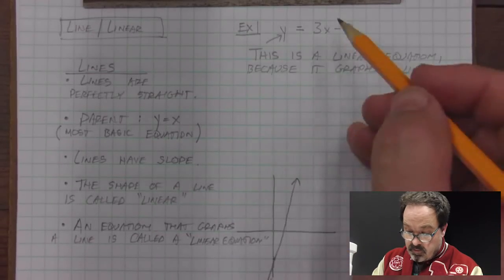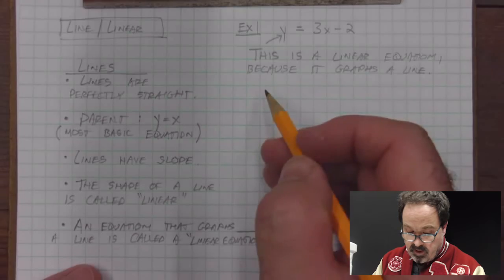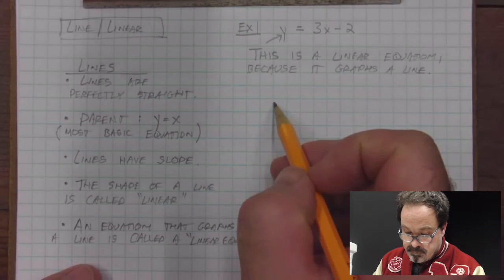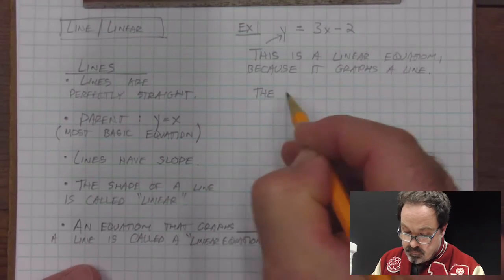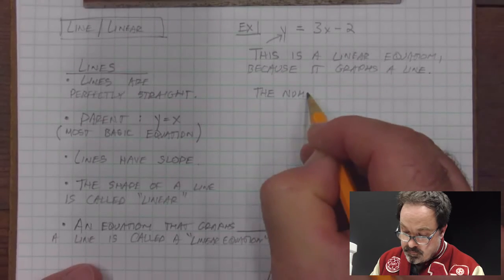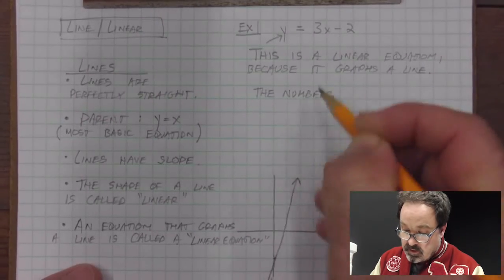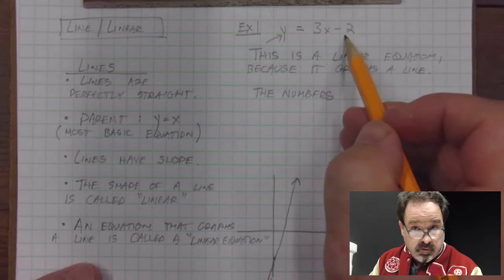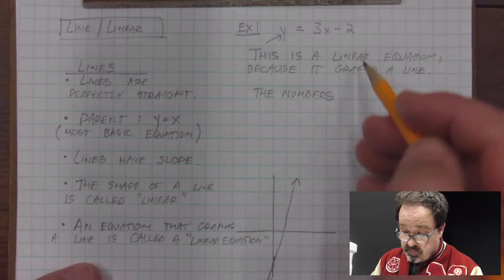A little bit more to say about this example and vocabulary. The numbers, in this case, this equation includes the number 3 and a minus 2.